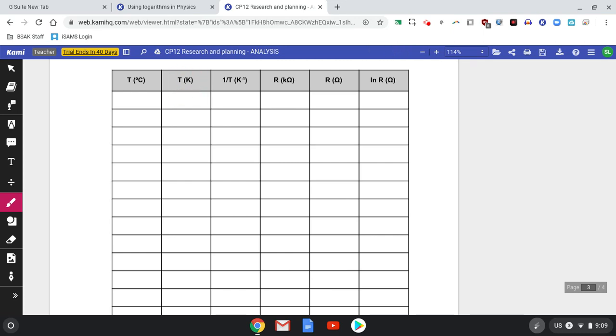We then need to take the reciprocal of those temperatures in Kelvin to give us our values of 1 over t, which are going to be plotted on the x-axis. From the video, our value of resistance is in kiloohms. We need to get those into resistance in ohms, and then we need to do natural log of resistance in ohms.